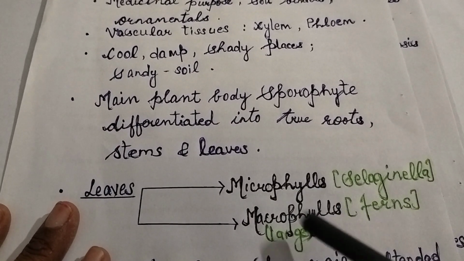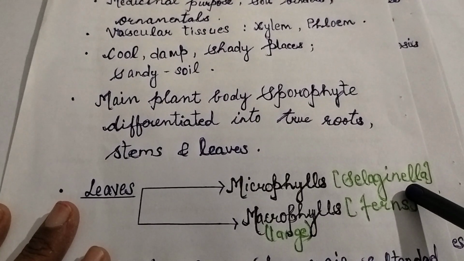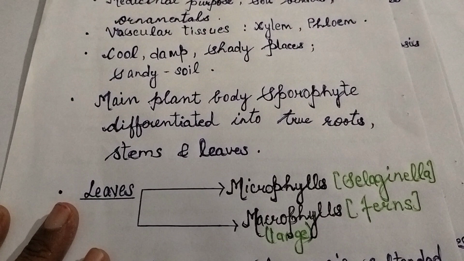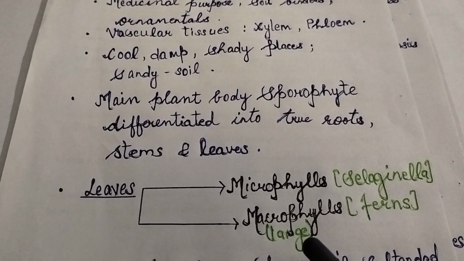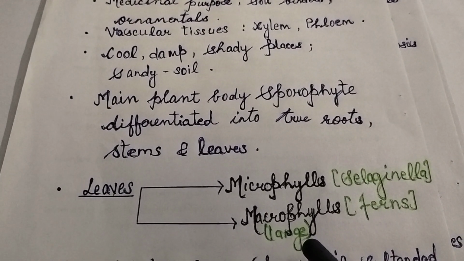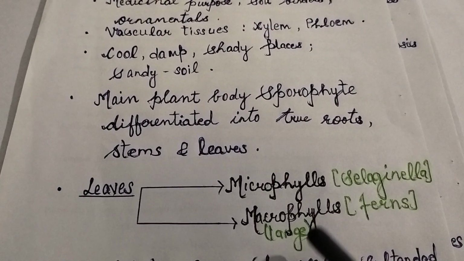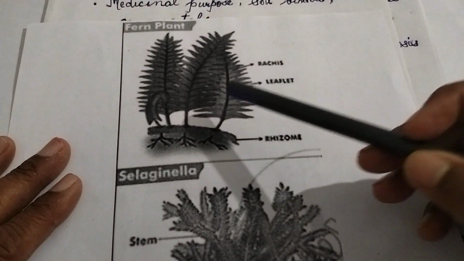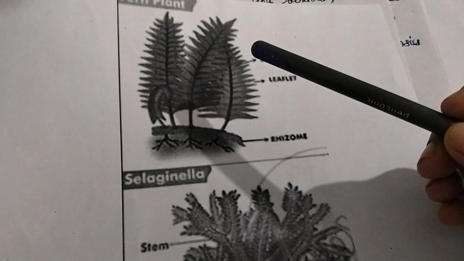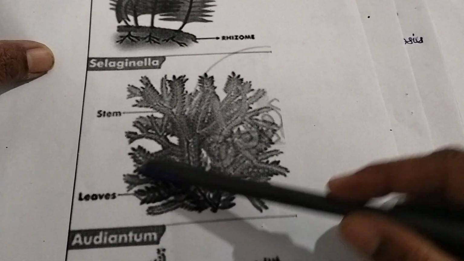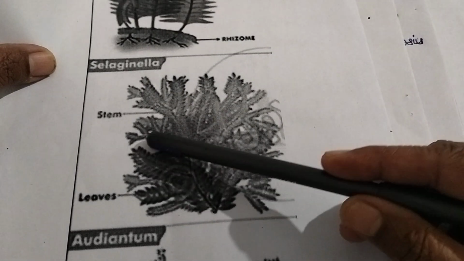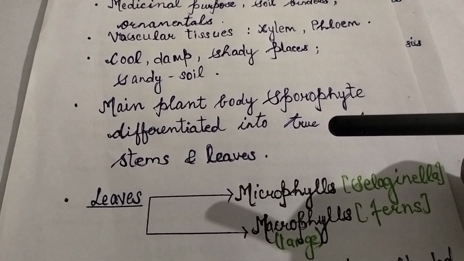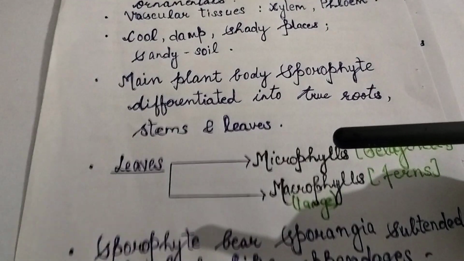They may be small or they may be large. Example, microphylls are present in Selaginella and macrophylls, large leaves, are present in ferns. I have just shown you the diagram. See, macrophylls are there, and see Selaginella. Very small leaves are there, though not very clear. They are microphylls.